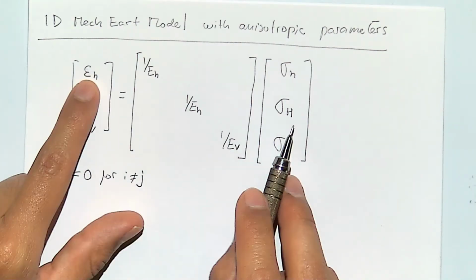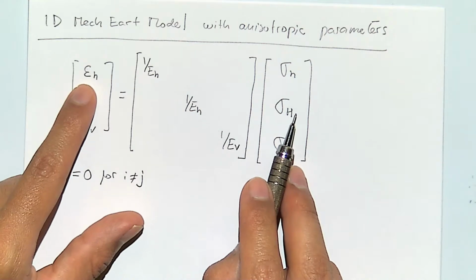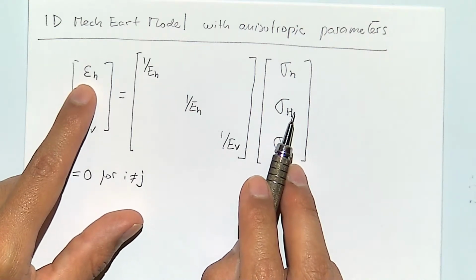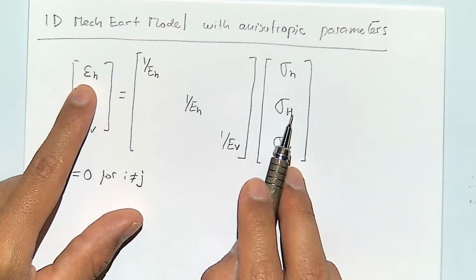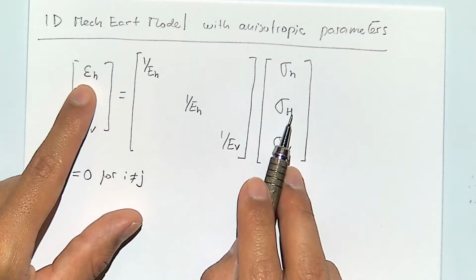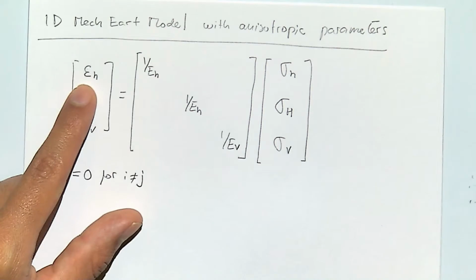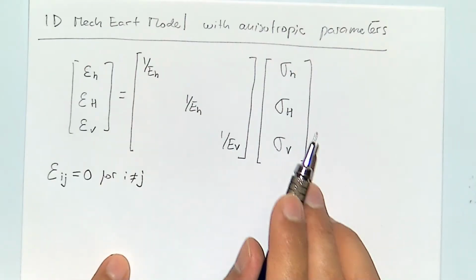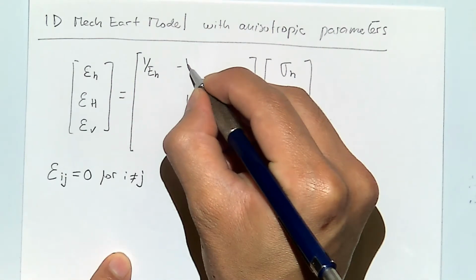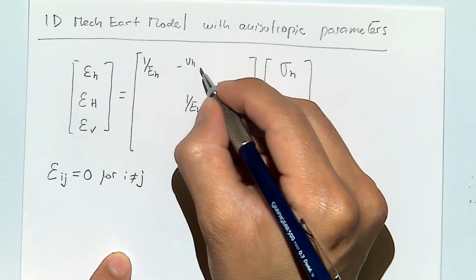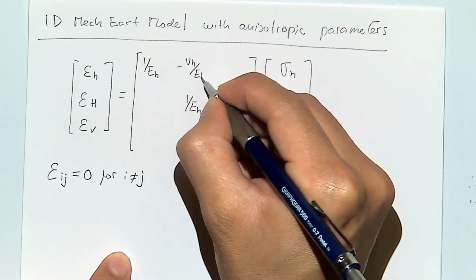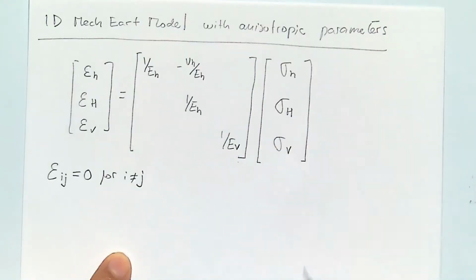Similarly, if you relate a horizontal strain in one direction to a horizontal stress in a perpendicular direction, but it is still in the horizontal plane, here we're going to have a horizontal Poisson ratio, and here a horizontal MEM modulus.